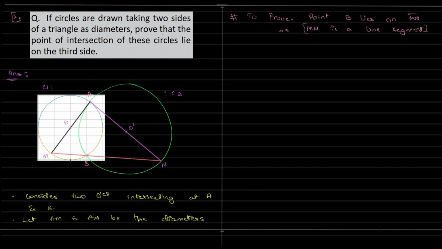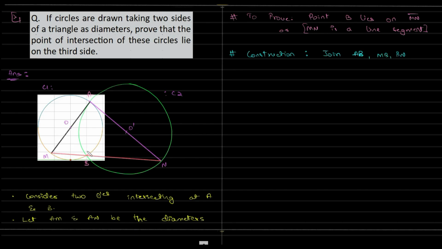So my way of proving is a bit different. So I'll explain why and how. I'll say, okay, let's consider that MN is not a straight line. What I will do is I will join AB, MB and BN.